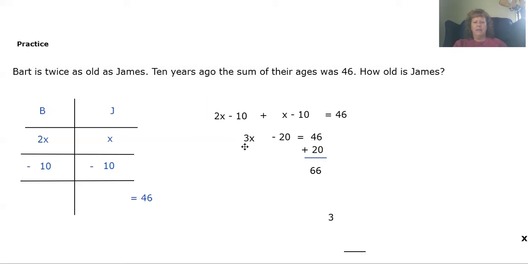And to separate the 3 from x, we're going to divide by 3 so that x will equal 22. And that's how old James is. How old is James? That's exactly what they wanted to know.